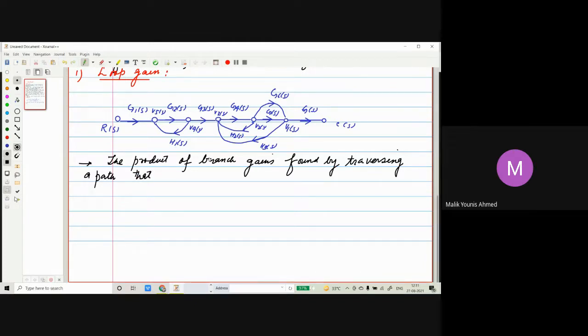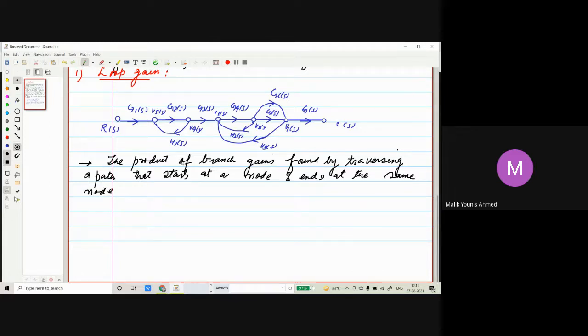Traversing means moving, that's a simple word. So this is a node, this is a node, this is a node where two or more branches meet. Simple nodes, complex nodes, you know that. That starts at a node and ends at the same node.